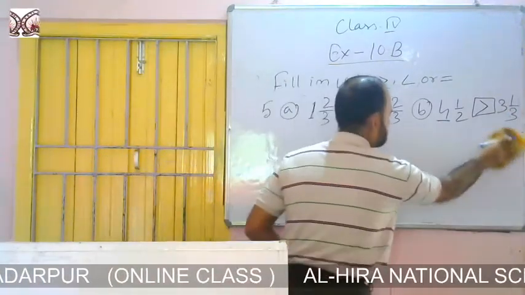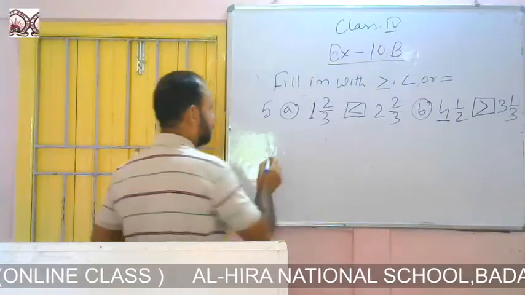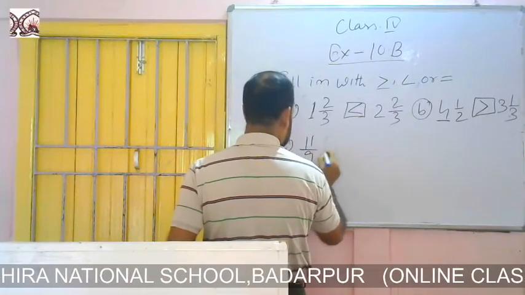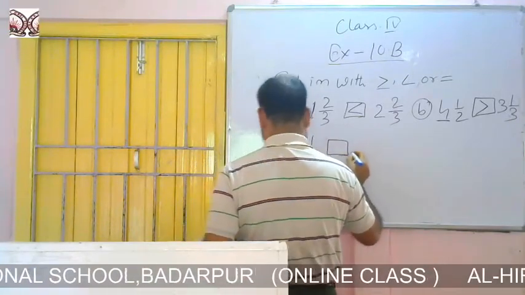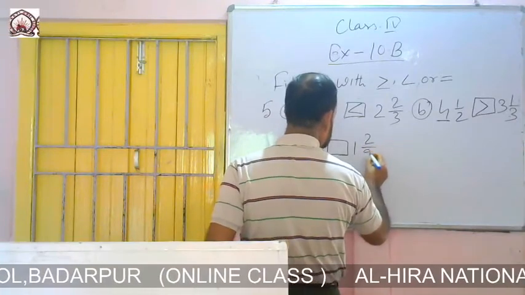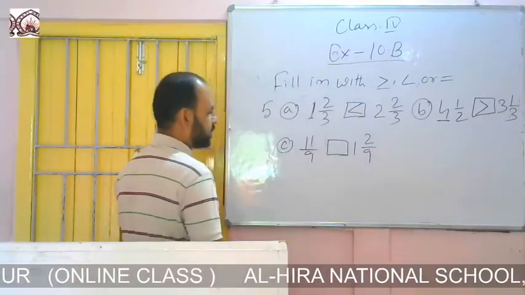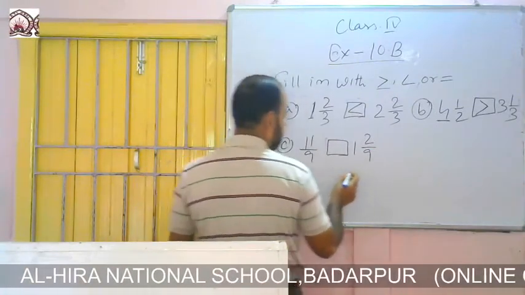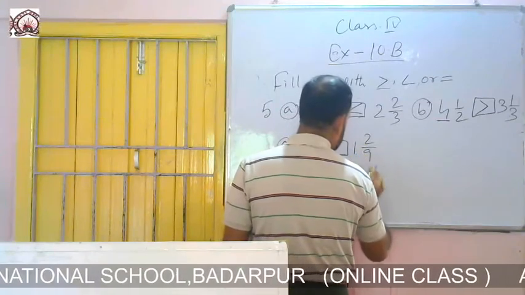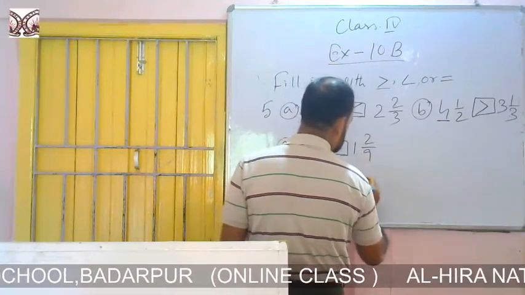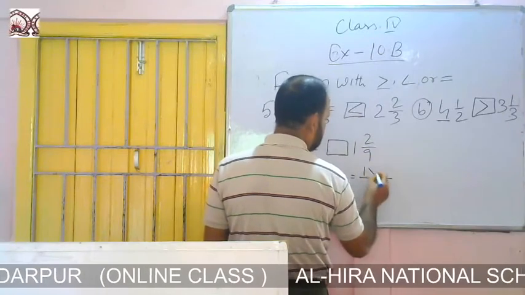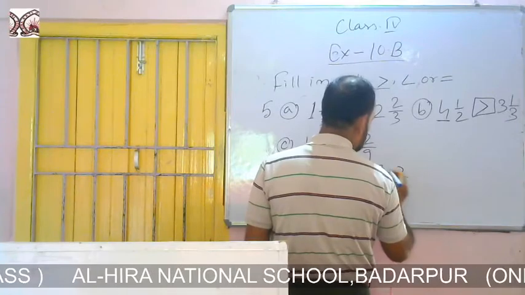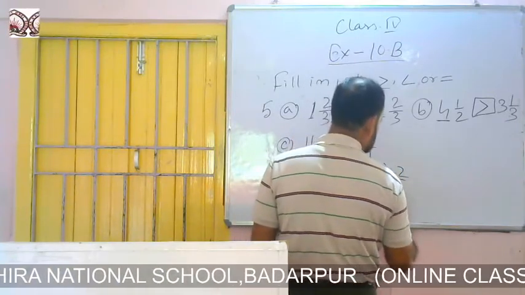Next, question number C, 11 by 9, 1 2 by 9. So one is an improper fraction and one is a mixed fraction. So what to do? First we change the mixed fraction to an improper fraction. 1 into 9 plus 2 by 9.